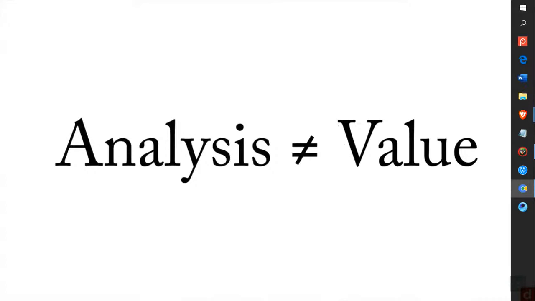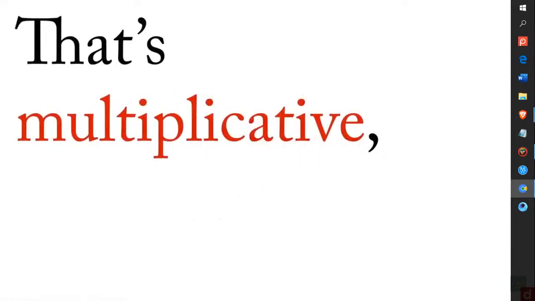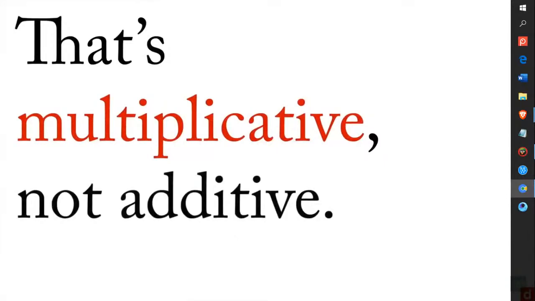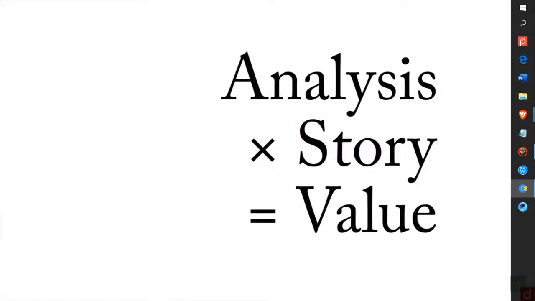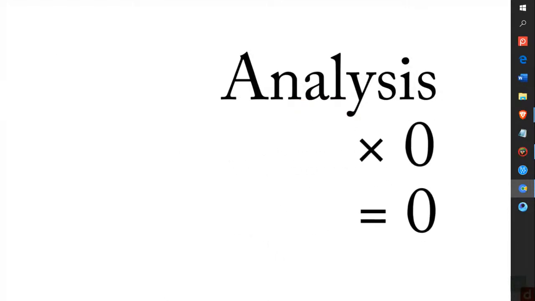Instead, I like to think of it this way: that analysis times story is equal to value. Now, please note, that's multiplicative, not additive. And so one consequence of that is when you go back to analysis times story equals value, well, if you have zero story, you're going to have zero value because, as you recall, anything times zero is zero.